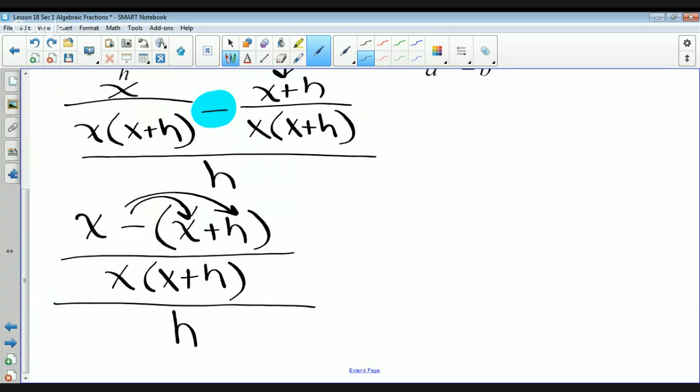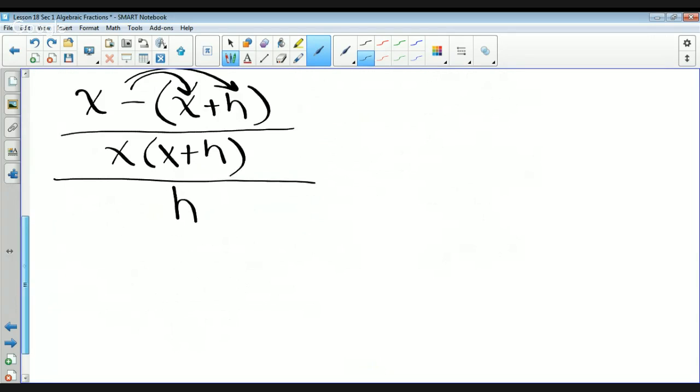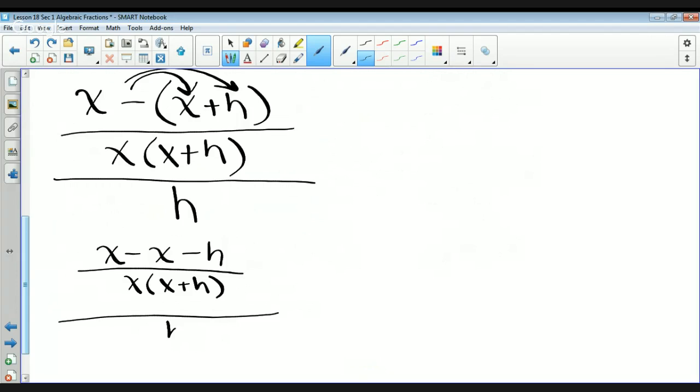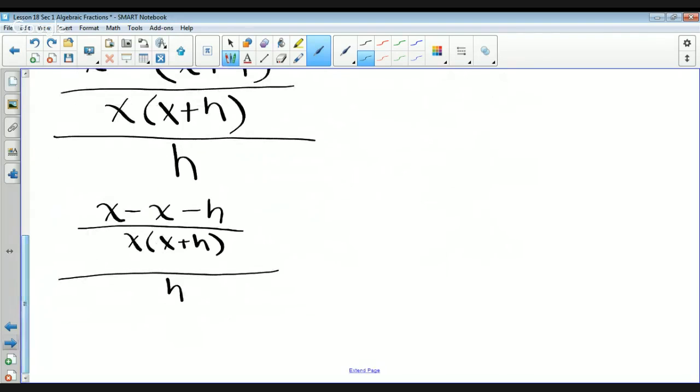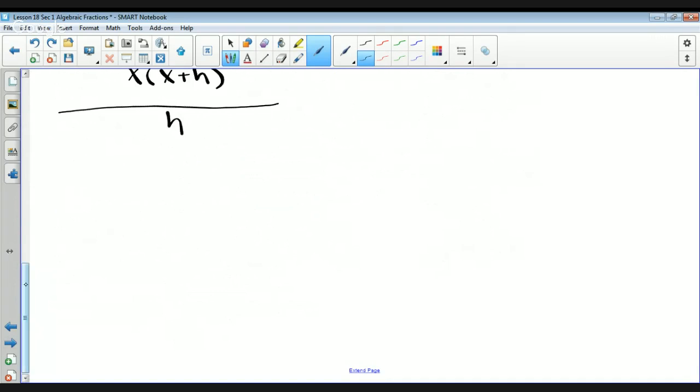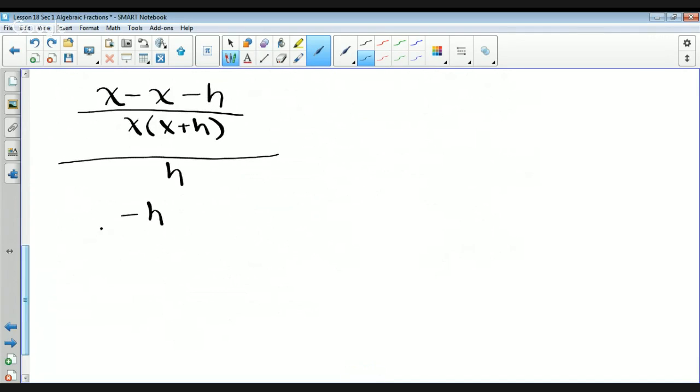I'm going to distribute. So I get the new numerator is x minus h all over x times quantity x plus h all over h. And what happens? The x's cancel, and we're left with negative h over x times x plus h.